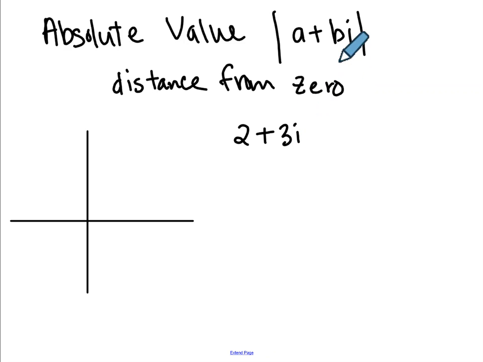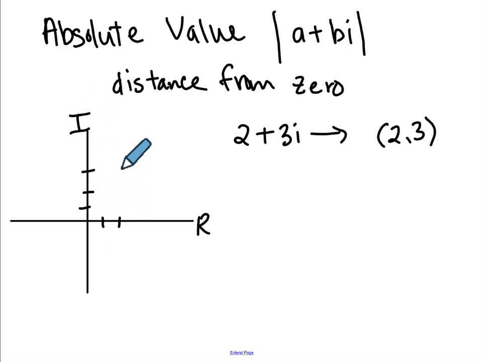This gives me the point 2 comma 3. Remember, this is for the real part, and this is for the imaginary part. So 2, 1, 2, 3.